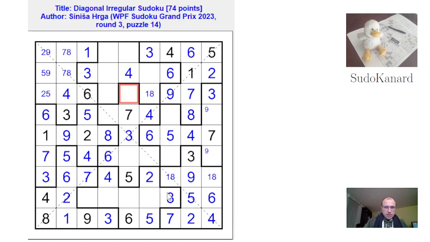Perhaps this column needs 1, 2, and 8. This column needs 1, 8, and 9. So this is 1, 2, or 9.